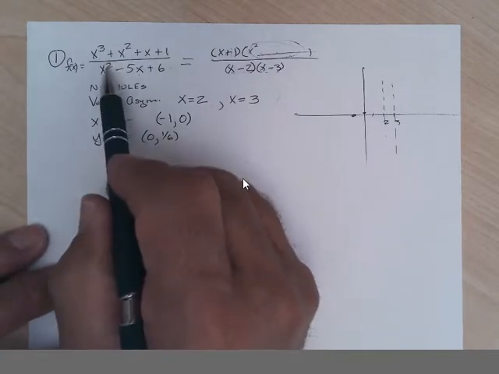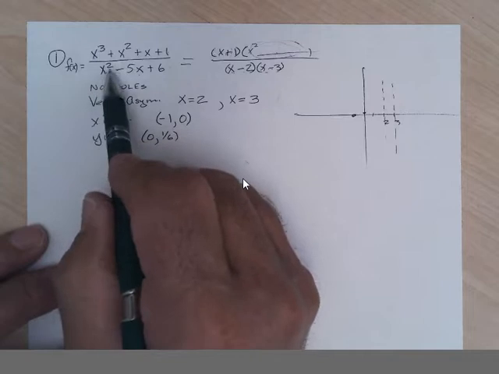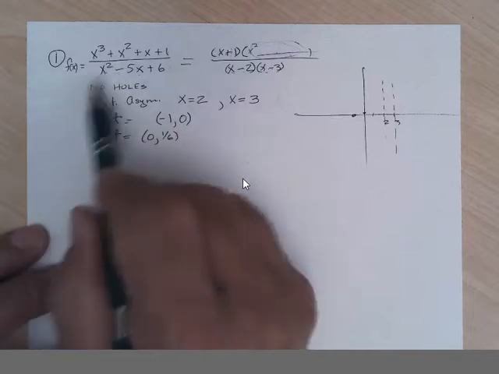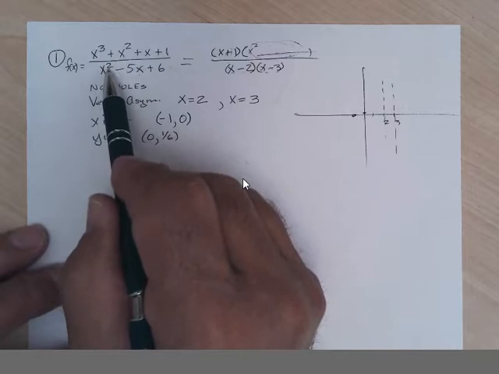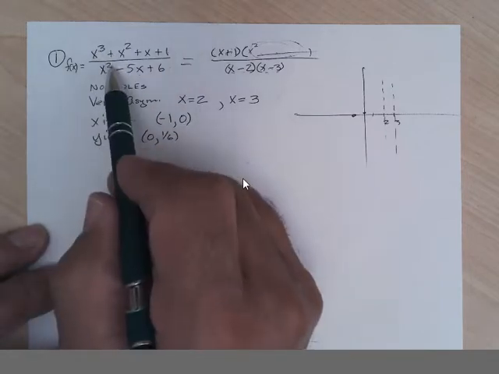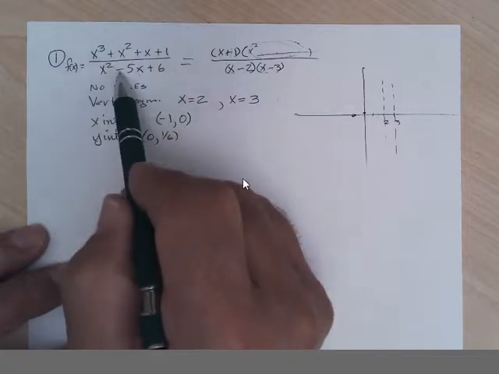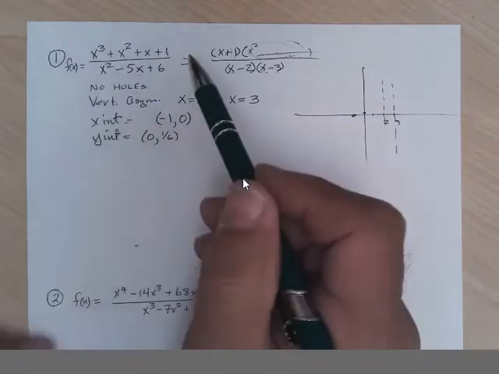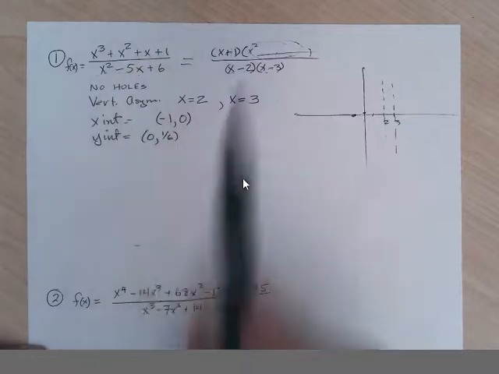And if it's a horizontal one and the degrees are the same, it would be 1 over 1 if these were both degree 3, or degree 2, if they matched. If this was upside down, and this one was in the denominator, then that would be 0, if the degree of the denominator is greater than the numerator.